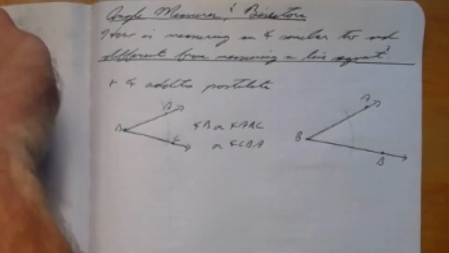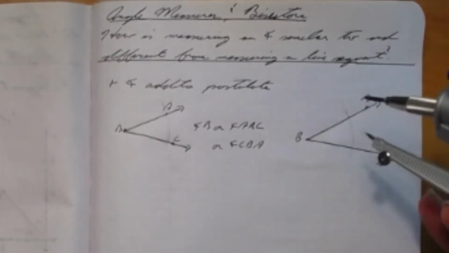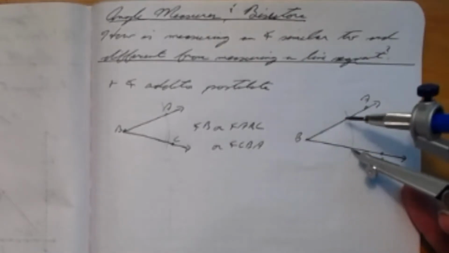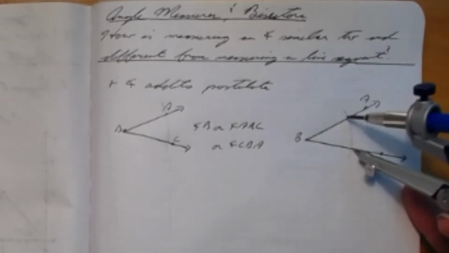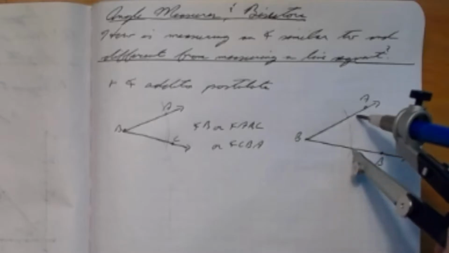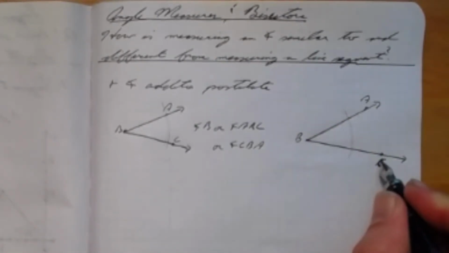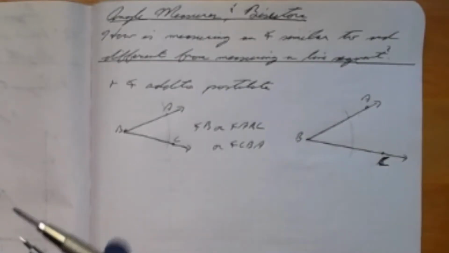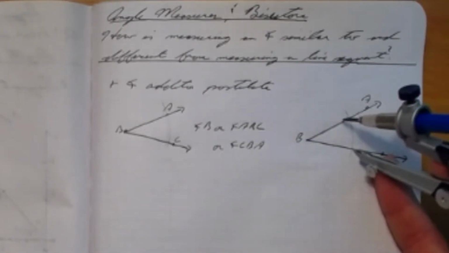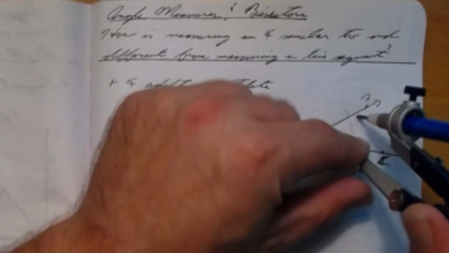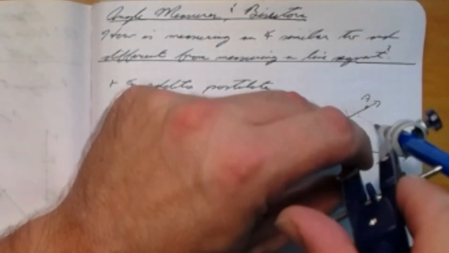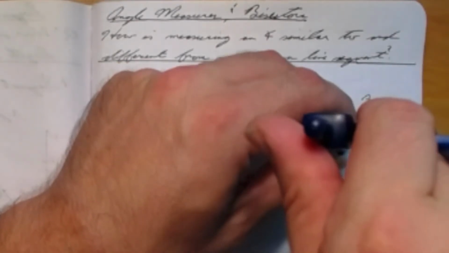I might need to be able to do this with a compass, so I've already got my compass still set from before. I'm going to place the point on the arc of the circle's intersection with my BC line, and I mismarked it here as a B, so I'll change that to C. I'm going to place it at the intersection on the BC and the arc, and I'm going to draw an arc out inside my angle.